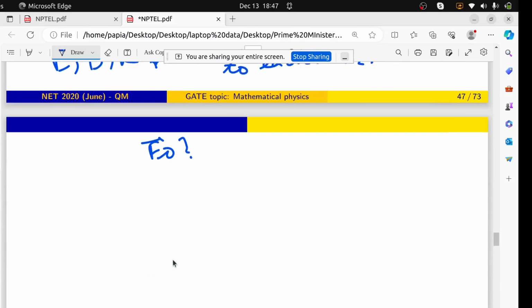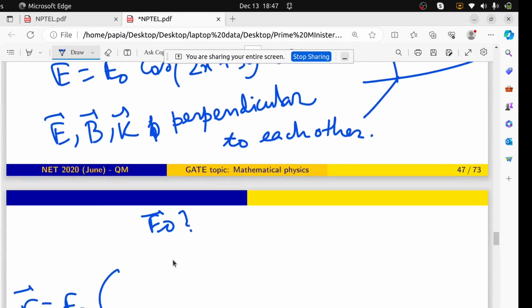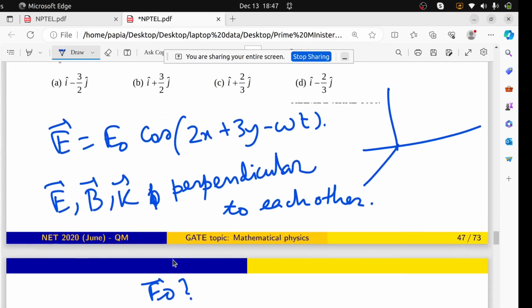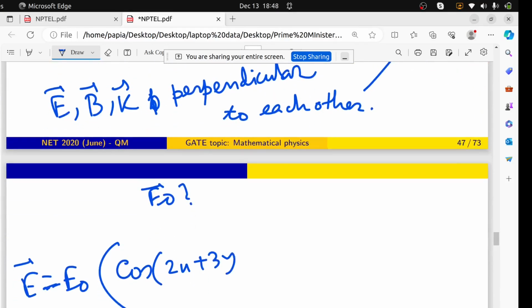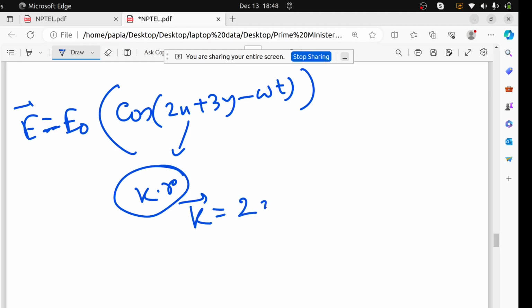Now what to do? Our E was E0 cos 2x plus 3y minus omega t. Now see, this is nothing but k dot r, right? So k dot r means what is k here? I have already explained that previously also, twice or thrice in the classes. So k will be nothing but 2i cap plus 3j cap.